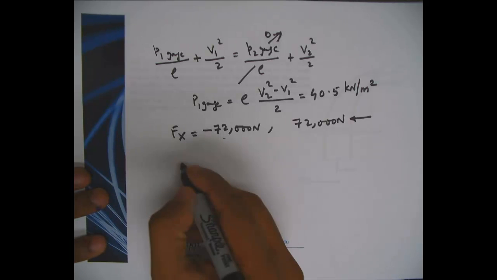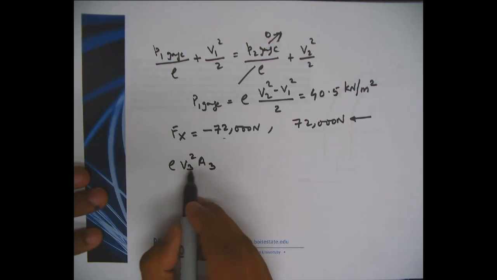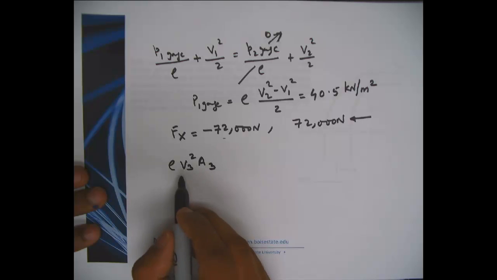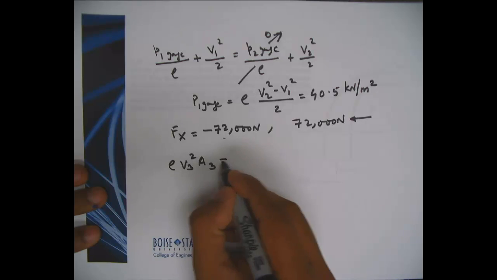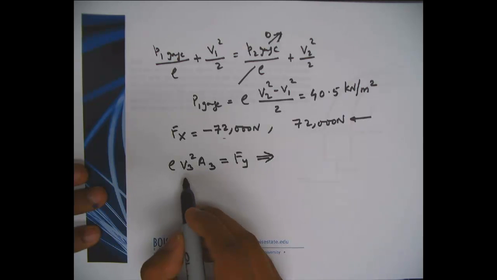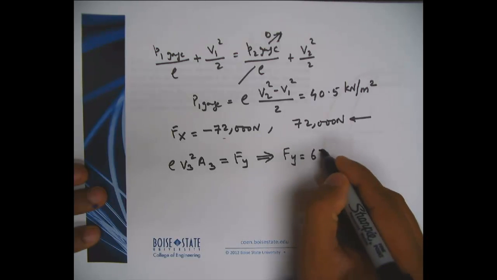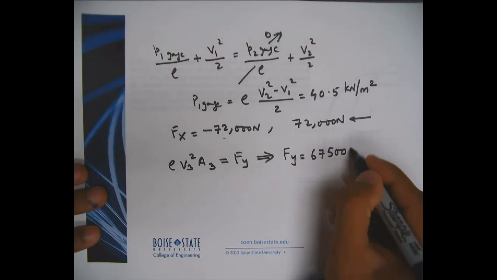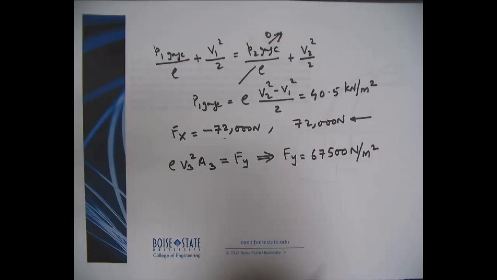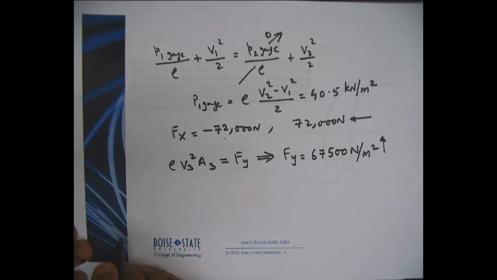So rho v3 square a3, again v3 and the normal are in the same direction, so by now you should know why I can quickly write this will be equal to Fy. From here I know v3, I know a3, I know rho. We should determine Fy to be 67,500 newtons, and this, as we represented, is acting in the positive y direction.